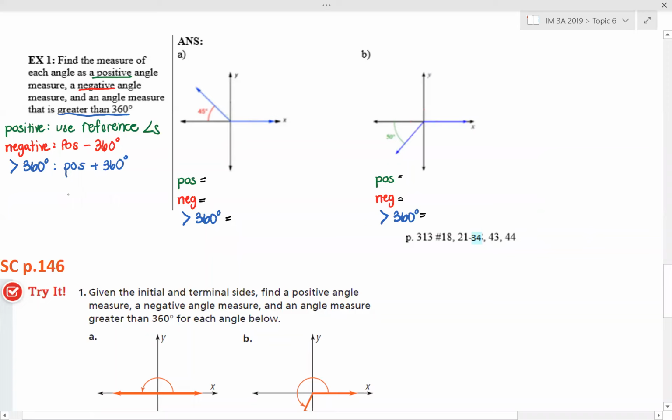Because this angle is in quadrant 2, and I want to find the value for theta, I'm going to take 180 minus the reference angle of 45. So if I subtract 45 from 180, that's going to give me the positive angle. So 180 minus 45 is going to be 135 degrees. So that means that this angle here is 135.